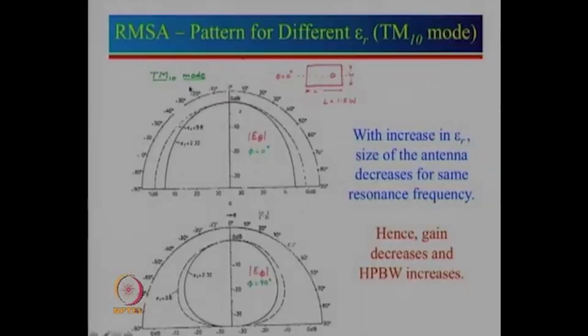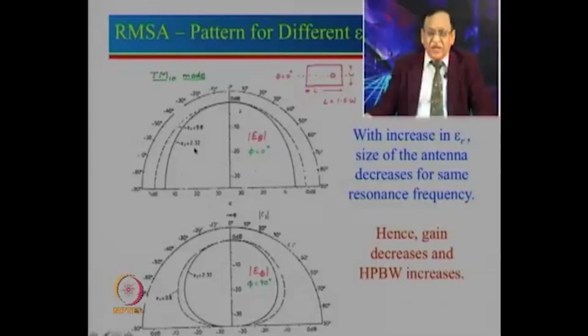Before we think about how these patterns come about, why this pattern is more spread out, or has a higher half power beamwidth, we have to think that if epsilon r is small, that means its aperture will be large. If epsilon r is higher, that means the aperture area will be small.